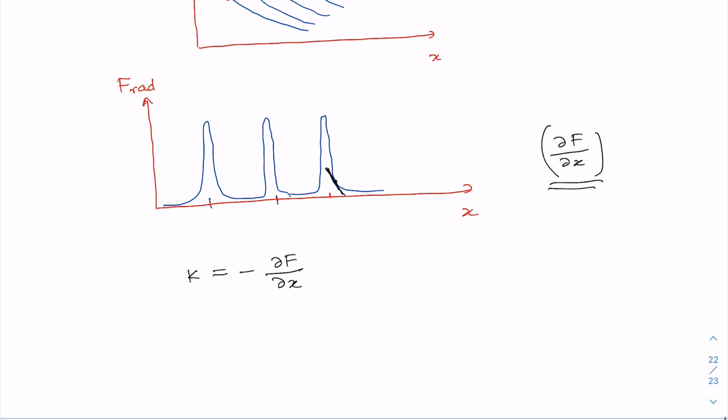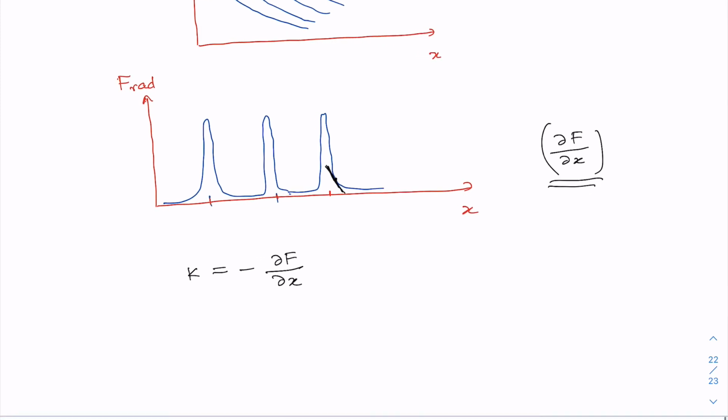Now the overall spring constant of the mechanical mirror is increased due to the radiation pressure force, as the mechanical spring already has an intrinsic spring constant, and this effect is known as the optical spring effect.